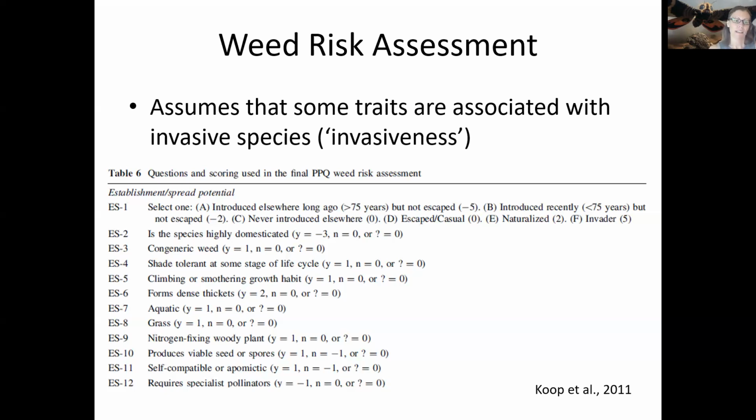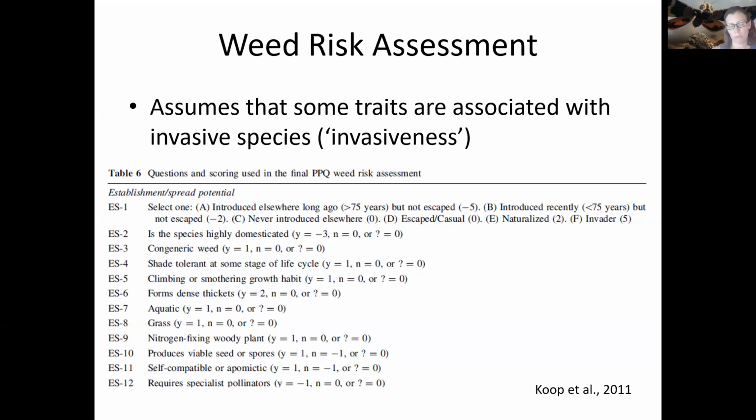And that means that the USDA could say to that person, before you bring this new plant over, let's assess it based on its traits and see if it has similar traits to these other species that are known to be invasive. So this is a whole list of the establishment and spread potential of an invasive species that you could evaluate if you know the specific species being brought over.